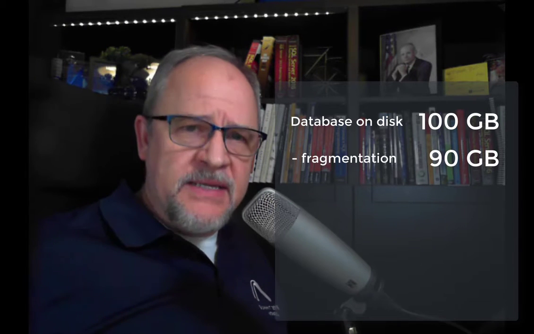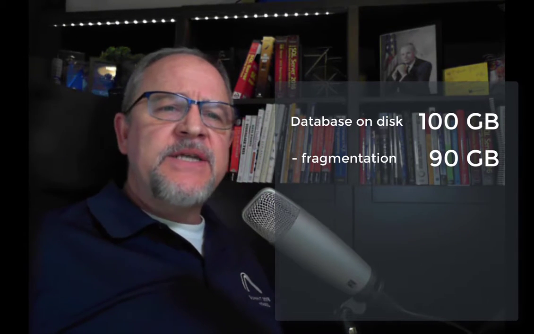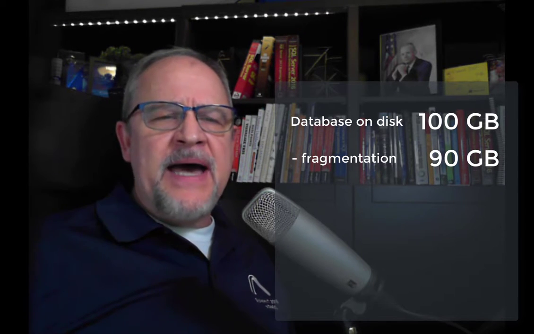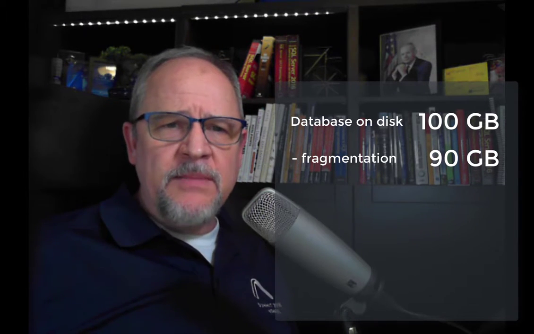If I have a SQL Server database that is 100 gigabytes on disk, chances are that we have at least 10% page fragmentation, so we might have 90 gigabytes of compacted data to work with. Building a star schema on that transactional data, we're likely going to leave out half of our tables and columns.